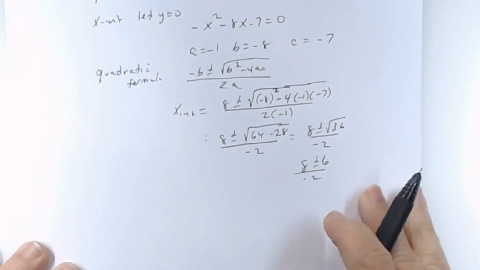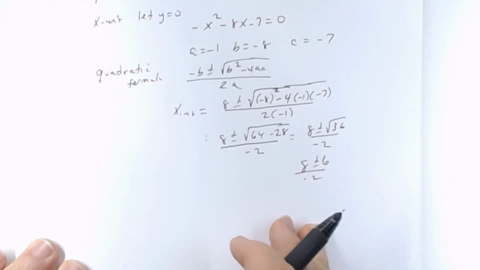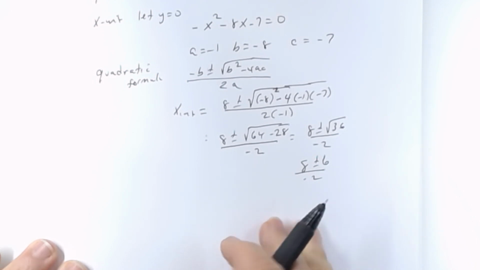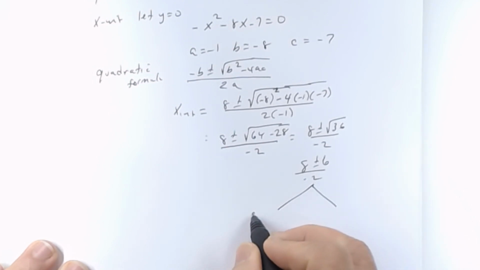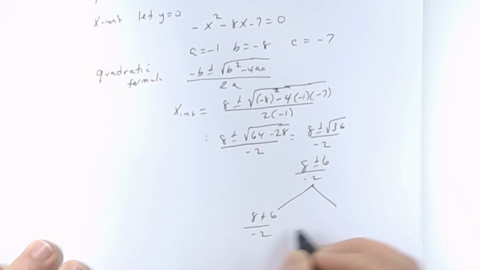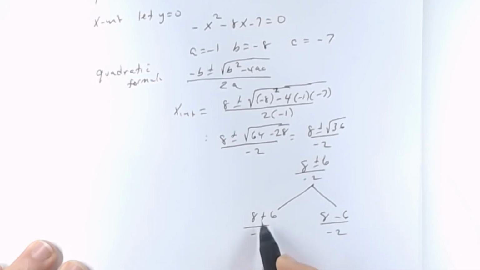And so since the square root is no longer there, that means you're going to end up with what kind of solutions? Rational. Very good. Some of you remember some of this stuff. So I can say 8 plus 6 divided by negative 2. What's the other? 8 minus 6 divided by negative 2. What's 8 plus 6? And what's 14 divided by negative 2? What's 8 minus 6?